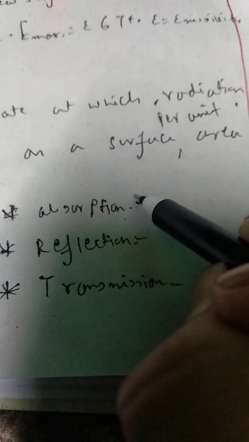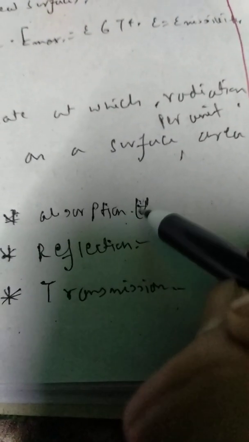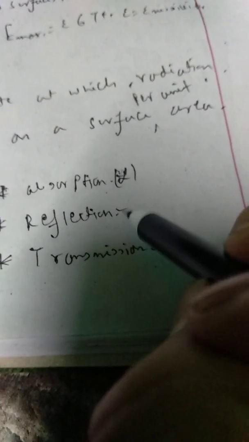So the absorptivity is denoted by the symbol alpha, the reflectivity by rho, and the transmissivity by tau.